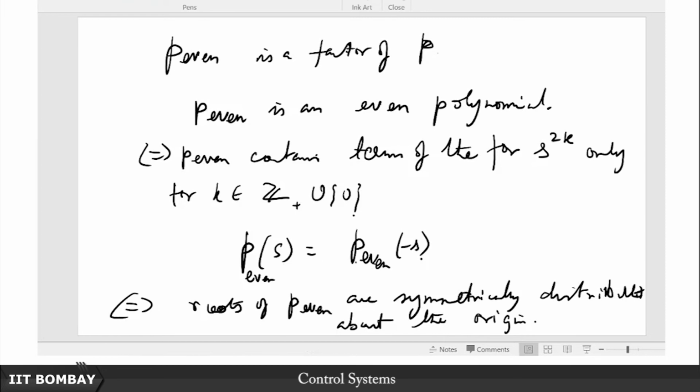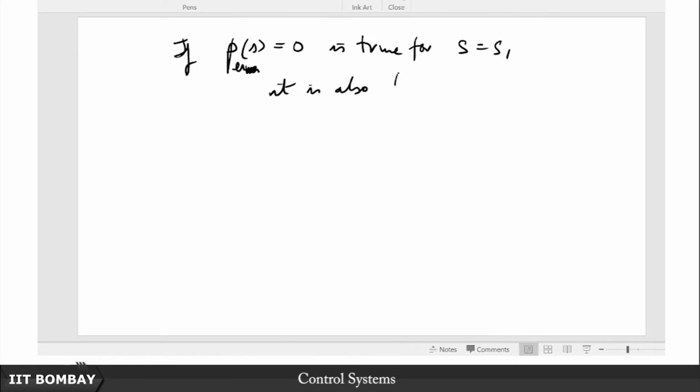Because if p even of s is equal to 0 is true for s is equal to s1, it is also true for s is equal to minus s1.